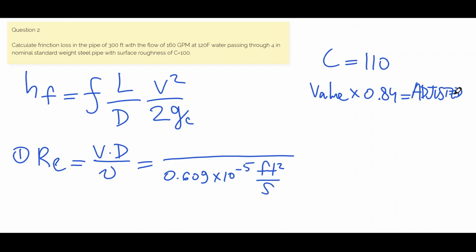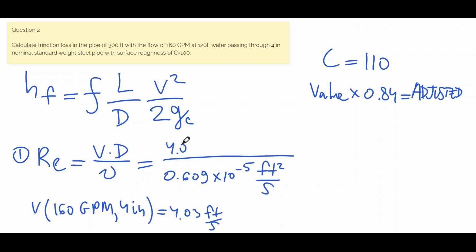So the velocity at 160 GPM with 4-inch diameter will be 4.03 feet per second. We can plug this in for our velocity value.